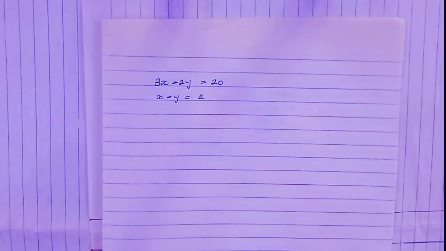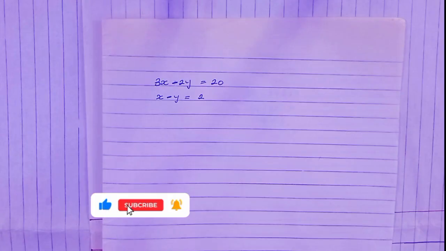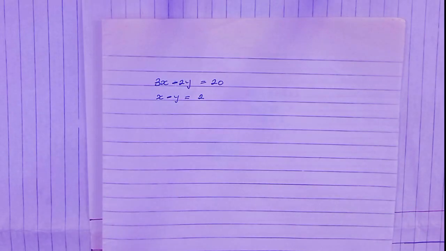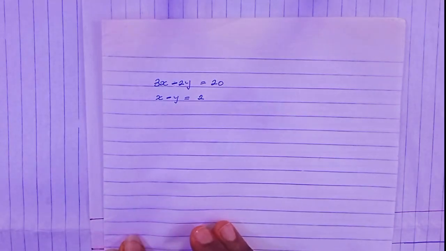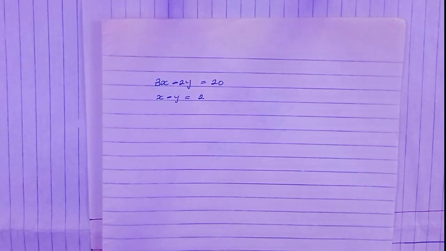So in our video today, we are going to learn how to solve simultaneous equations using the elimination method. And we have an example here. Before we start solving it, there are things I want us to look out for.